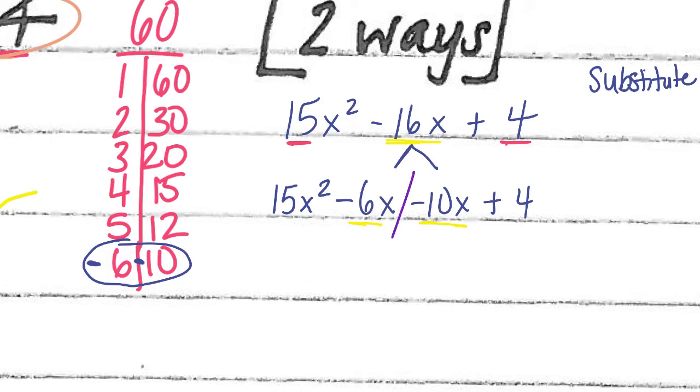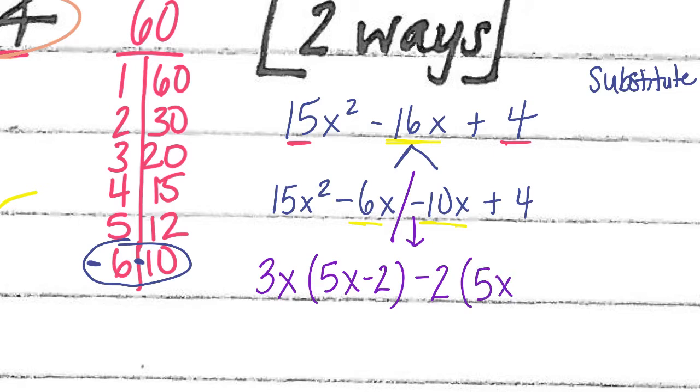And we're going to go from what we already know. Every time I have 4 terms, I cut it in half. I can take out a 3 and an x. And it looks like I have 5x minus 2. We always take this sign with it. I can take out a negative 2. And I have 5x minus 2 because I took out that negative. And then we're going to combine the first terms and the last terms.